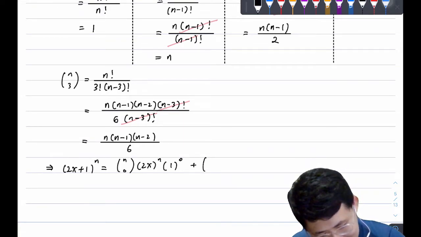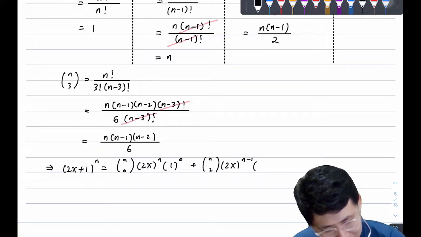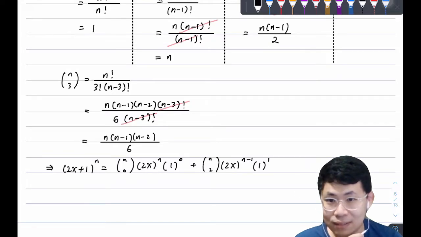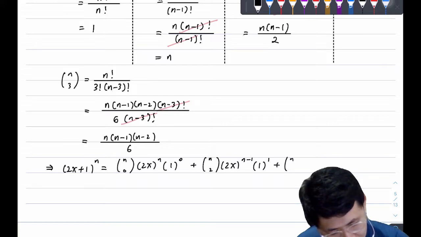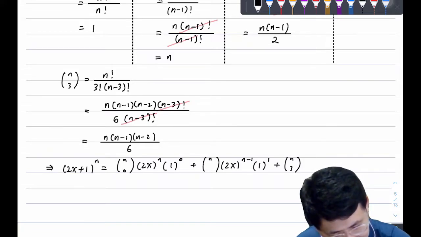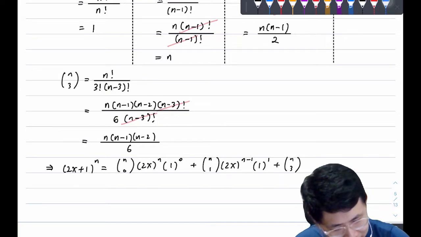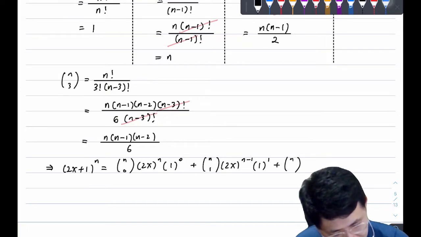Plus n choose 1 of a to the power of n minus 1 and b to the power of 1. Do you see this? Then I have an n choose r. Sorry, jumped too fast. This should be 1. So the next one should be r is 2, so this would be a to the power of n minus r and b to the power of r.